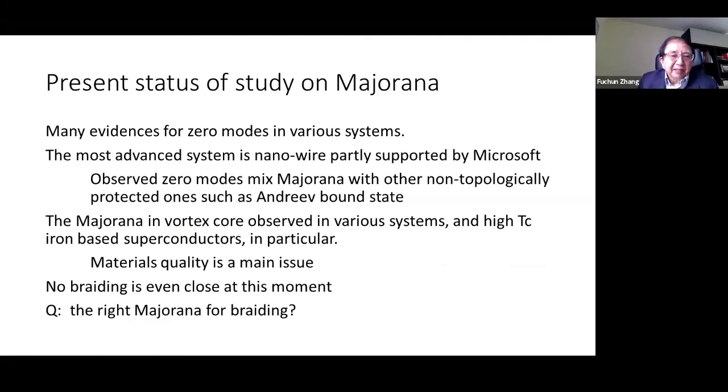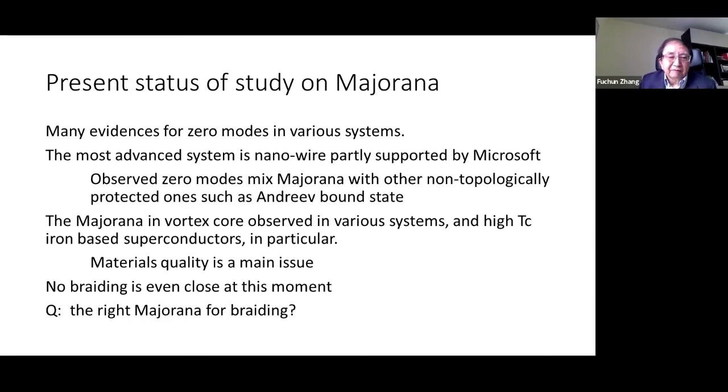There is a lot of evidence for zero modes in various systems, and that's encouraging. The most advanced system is the nanowire, partly supported by Microsoft, with very strong experimental groups working on it. What they observe is actually a zero mode. The problem is that some are Majorana zero modes and some are not, if you do a more careful study by purposely studying the disorder effect.